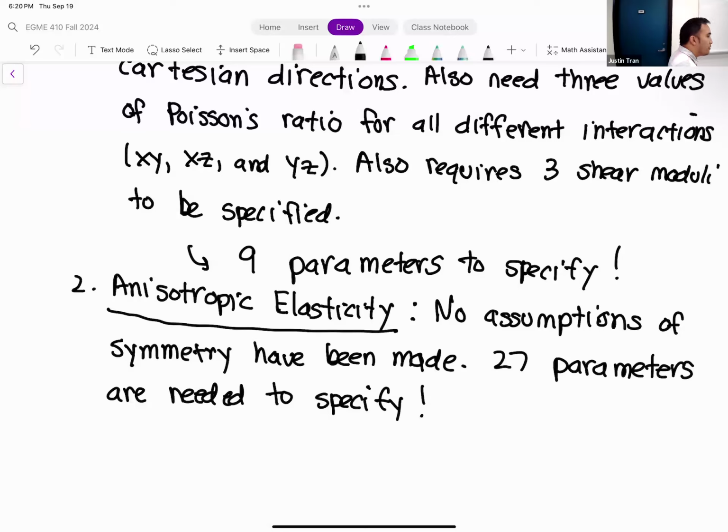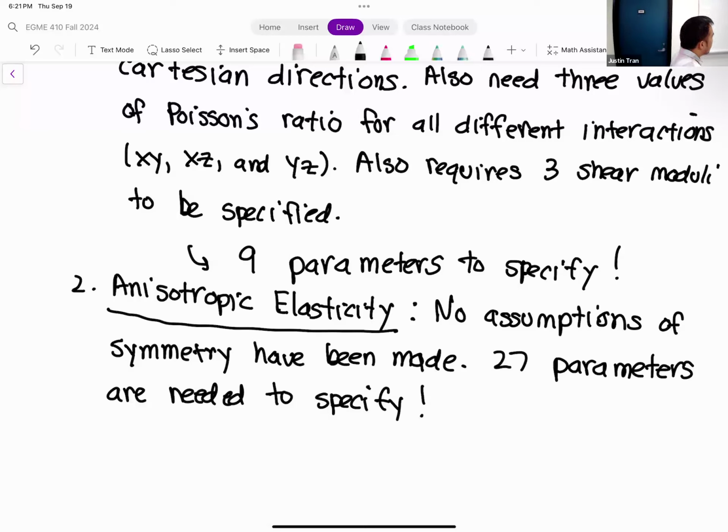Any material that has some kind of active or reactive component, that's usually what's used for anisotropic elasticity. For most passive engineering materials, anisotropic elasticity is overkill. And you're going to have a hell of a time trying to find a source that gives you all 27.